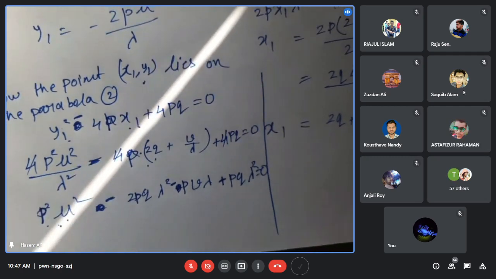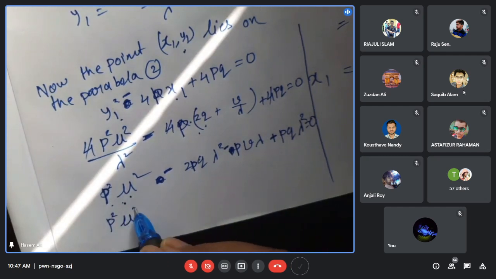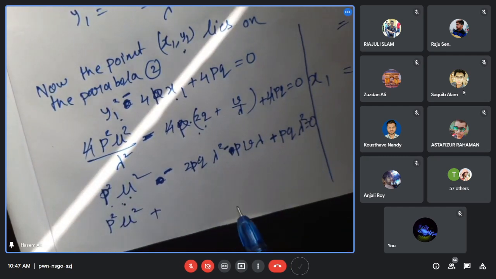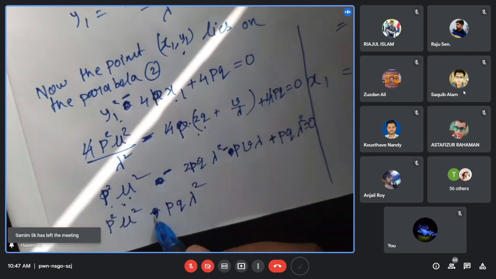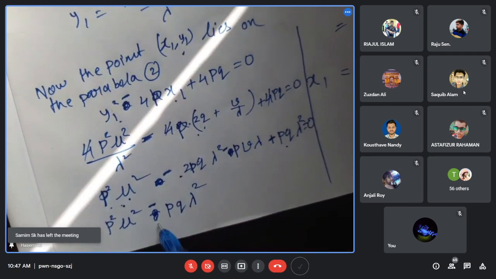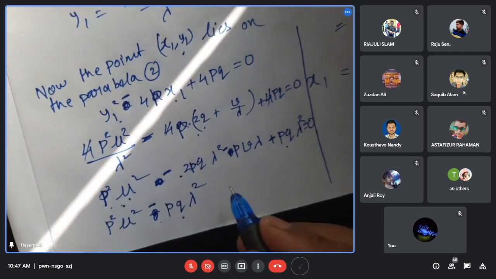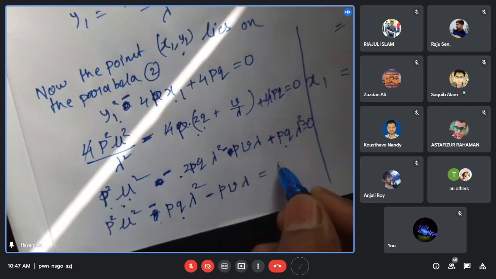With a simple calculation, finally we have p square mu square minus pq lambda square minus pv lambda equals to 0.